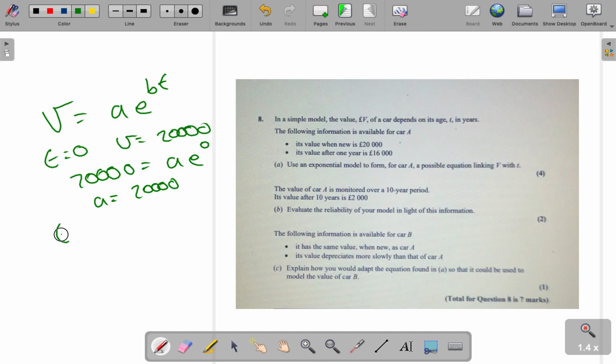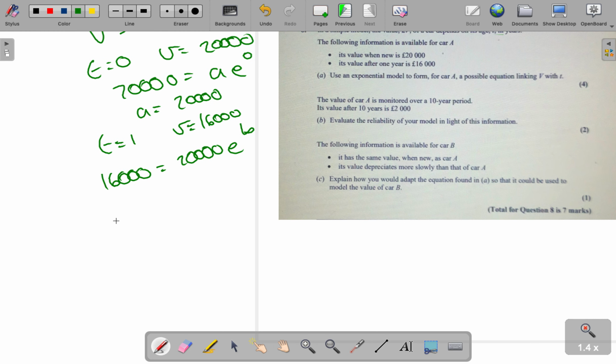Then the second one, t equals 1, where t is in years, so V is equal to 16,000. So here we're just going to say 16,000 is equal to 20,000 e to the power of b, because t is equal to 1.